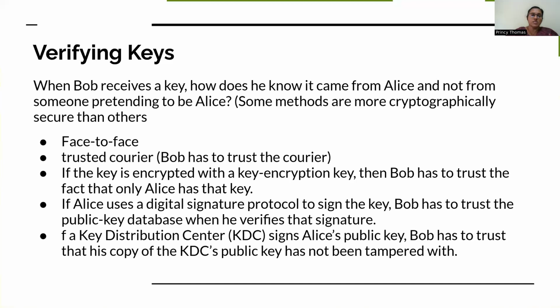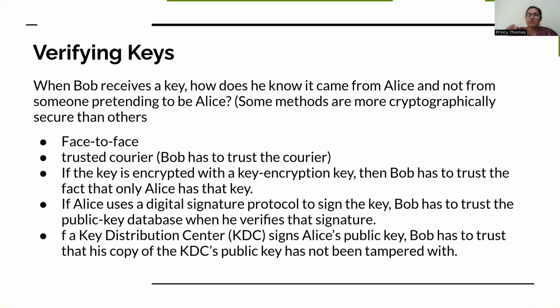Next, if Alice uses a digital signature protocol to sign the key, to ensure that she is the one who has sent it, then Bob has to trust the public key database when he verifies the signature, because he can only verify the signature using the public key of Alice.